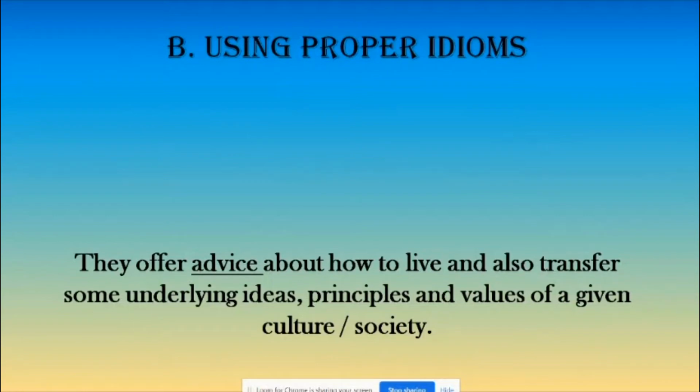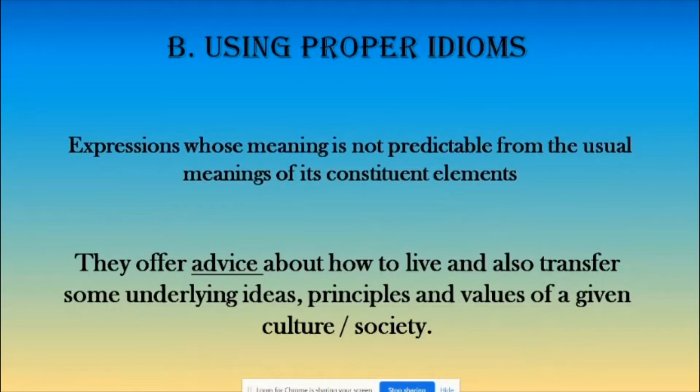Another way to use or understand the lexical aspect is by using idioms. Idioms are expressions whose meaning is not predictable from the usual meanings of its constituent elements. They offer advice about how to live and also transfer some underlying ideas, principles, and values of a given culture or society.